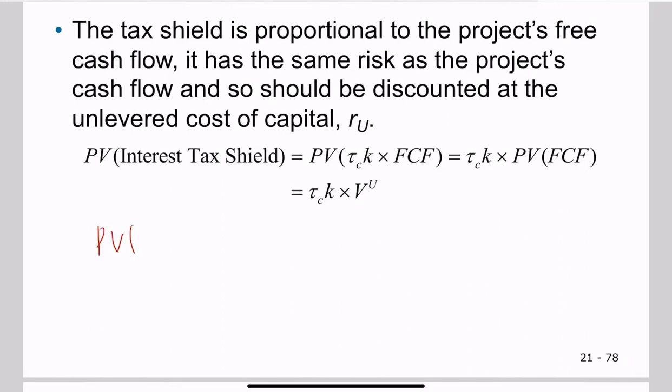So obviously we have to do this. I'm using ITS to represent interest tax shield. So we know that this equals, so how do you calculate the interest tax shield? Well, corporate tax rate times interest payment, right?